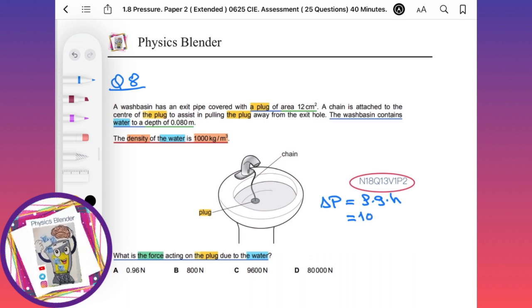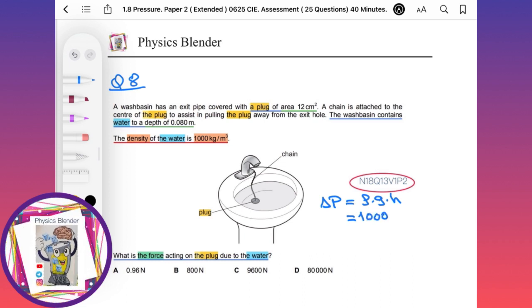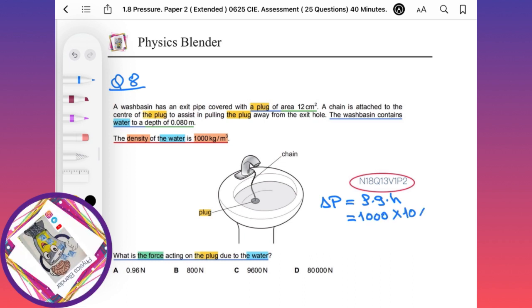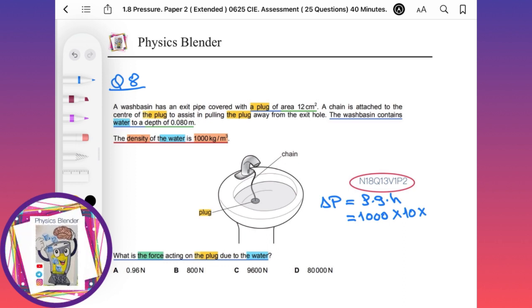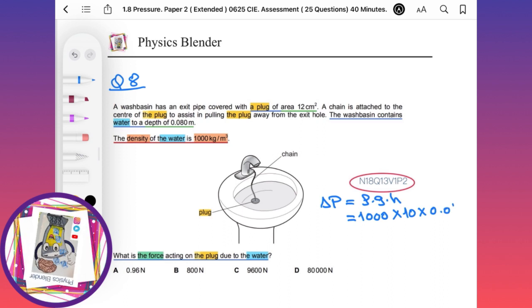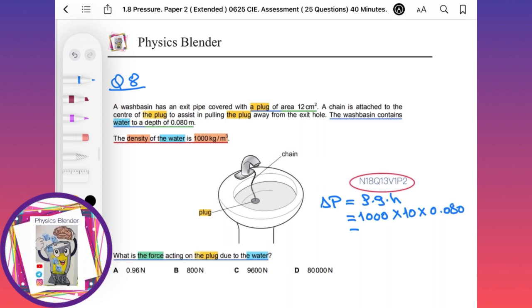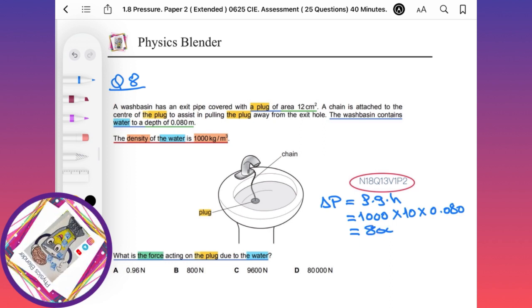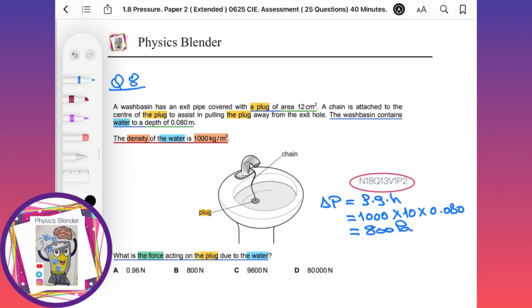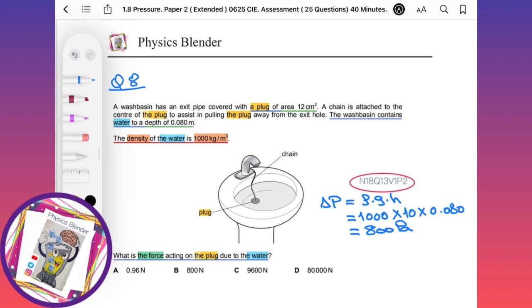Substitute, density is given, check you have consistent units, g is known, and depth is 0.080 meters. So the final answer is 800 Pascal, which is the pressure due to liquid.